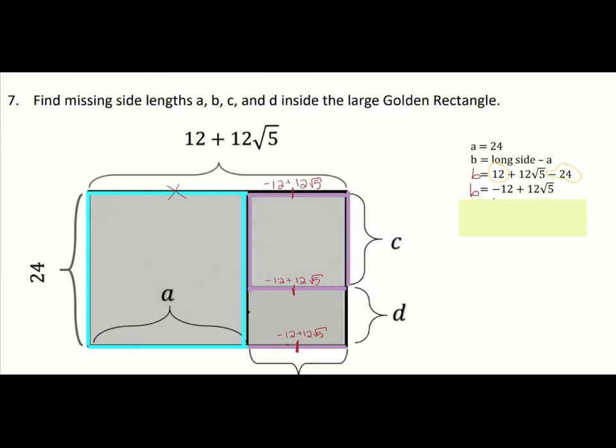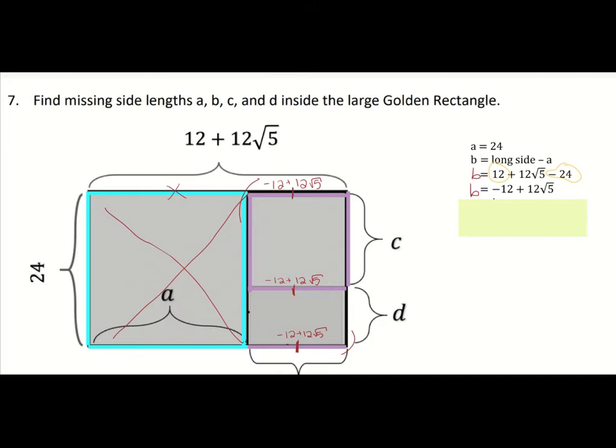Now, if you recall, we started with a golden rectangle. We chopped off the largest possible square. So we're left with this golden rectangle here. This is a much smaller golden rectangle. Well, what we're doing again is we're chopping off a square that has side length C. That's the largest possible square that we can chop out of this figure.